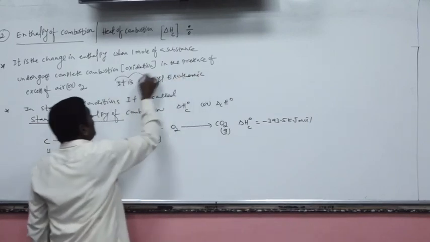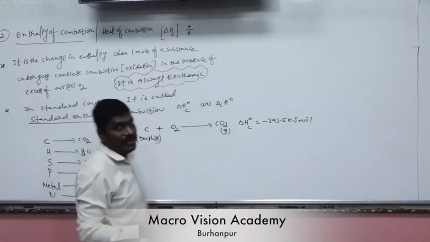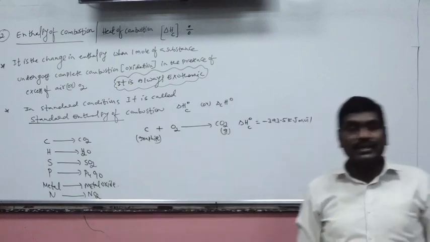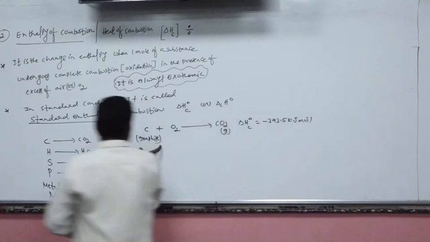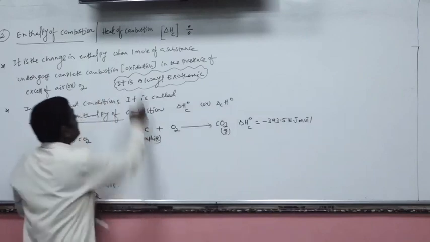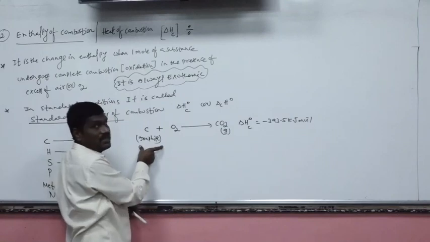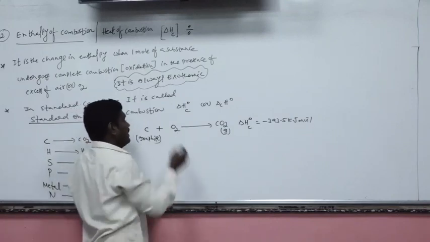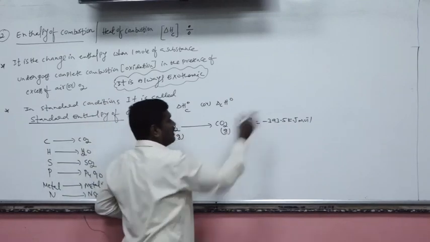This is very important. Enthalpy of reaction may be exothermic or endothermic, but enthalpy of combustion is always exothermic, that is, heat energy releases. Now for graphite, corresponding to 1 mole of a substance, when 1 mole of graphite, that is 12 grams of graphite, undergoes oxidation with oxygen to give carbon dioxide, this is the enthalpy of combustion.